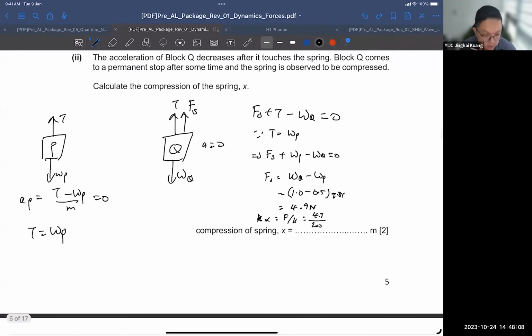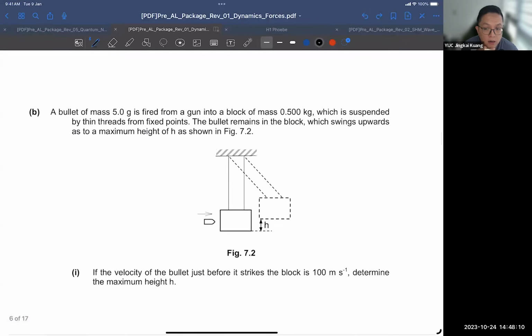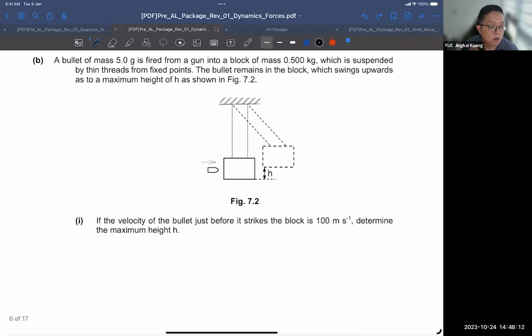Next one, 7B. Okay, so a bullet of mass 5 g is fired from a gun into a block of mass 0.5 kg, suspended by a thin thread from a fixed point. The bullet remains in the block and it swings out.